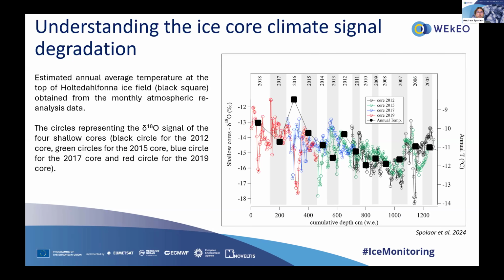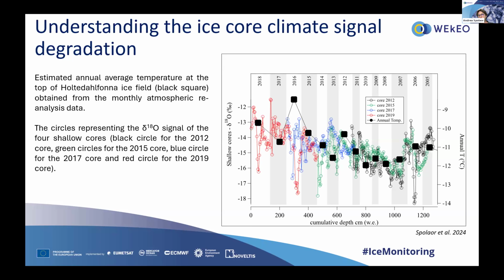However, one thing that we are still a bit optimistic about, although we are not able to see anymore the seasonal variability of this parameter that permits us to reconstruct the past atmospheric temperature: when we compile all the 4 records together, so we overlap the different records, and we compare with the annual temperature, although we are not able to see anymore the seasonal response to the atmospheric temperature changes, and we compare that, shown by the black dots, with the annual temperature, we still see that the record that we have, although very smooth, still responds to the increasing trend that we observe in the Svalbard archipelago.